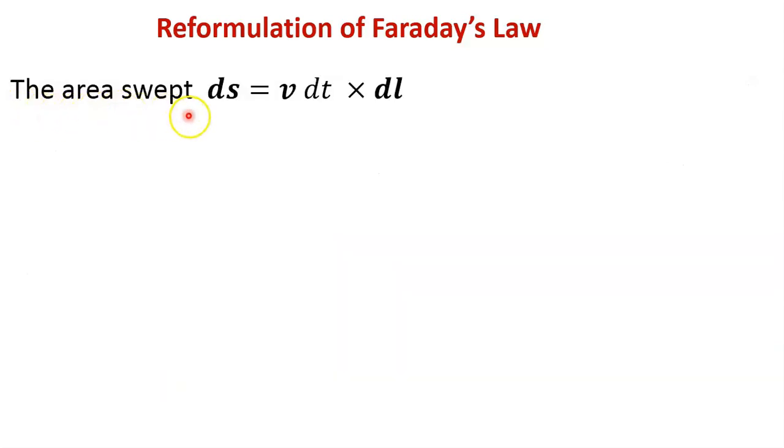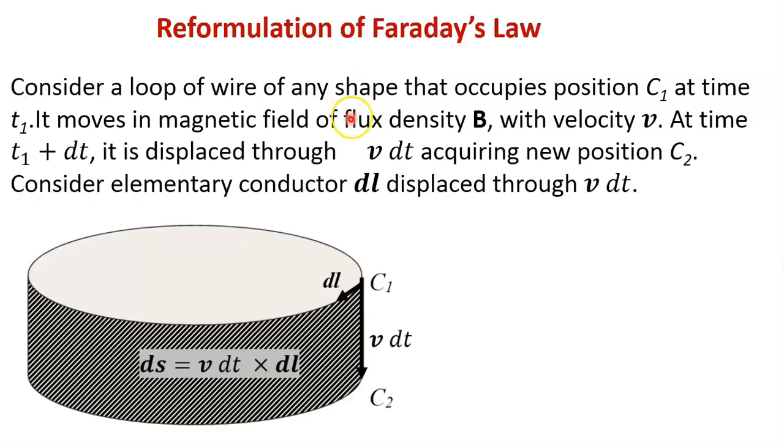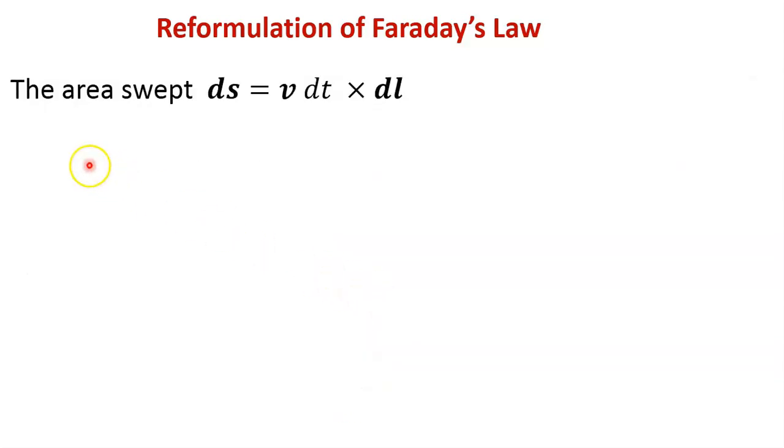This is the area swept by conductor dl bar. Here we are yet to consider the complete conductor. We have presumed only a small elemental piece of conductor, and by virtue of that we are considering only the limited area which is part of the strip.